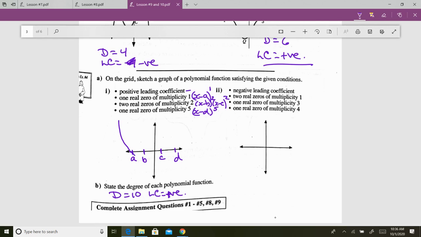Goes through. What happens to B? Bounces because it has a multiplicity of 2. What happens to C? Bounces because it has a multiplicity of 2. What happens to D? So curvy, wavy, point of inflection. You can exaggerate it even though it doesn't really look like that. That's okay. And if you're unsure, just write POI, and that'll be very clear to me on a test.